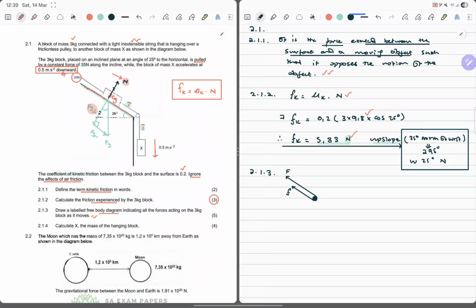And then this is going to be the kinetic friction, right? And then perpendicular to the surface, we expect normal force, capital letter N. And then there is going to be tension on the string in this direction. And there's going to be the weight straight down.